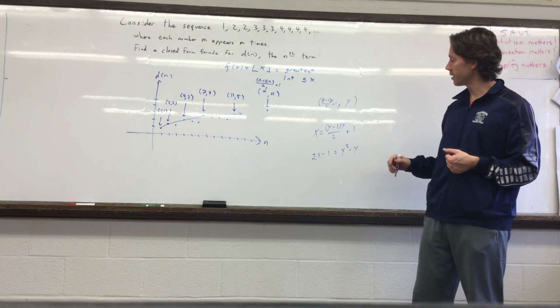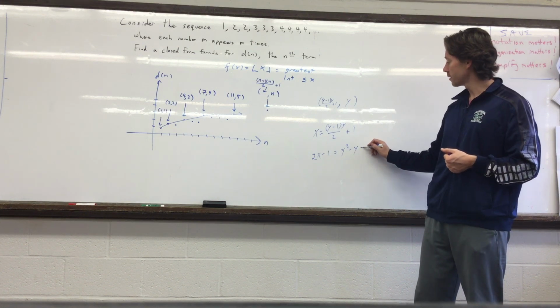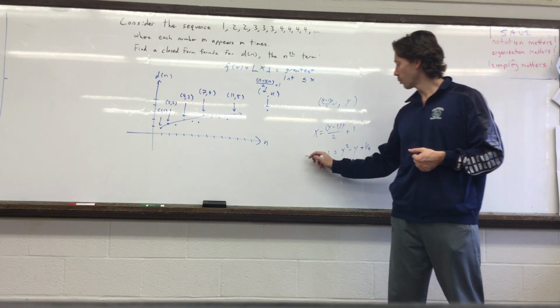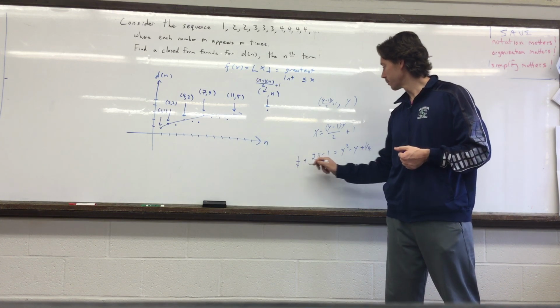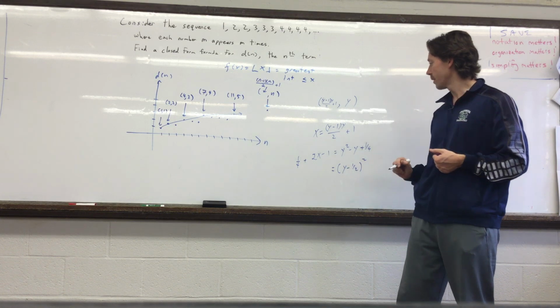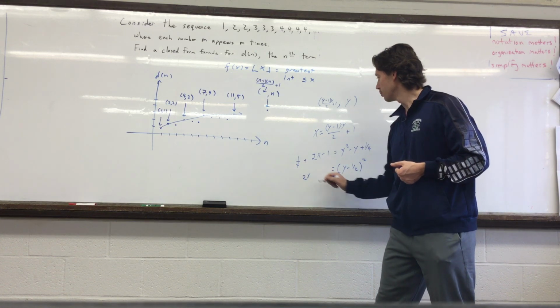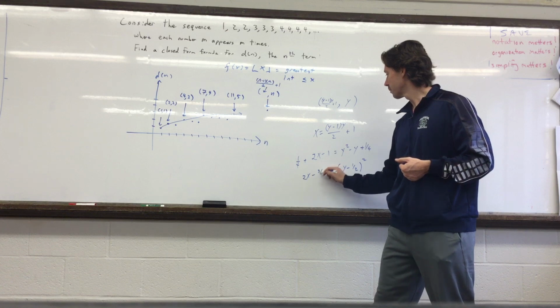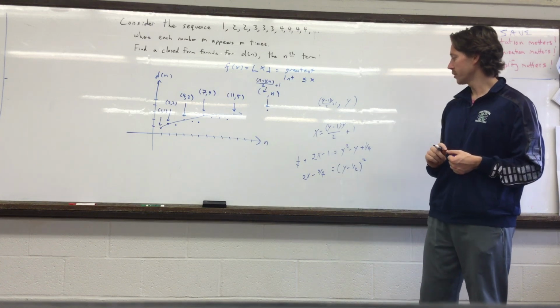Looks like completing the square is going to be the easiest way to do this. So I should add 1/4 to both sides. And now I'm going to have y minus 1/2 squared equals 2x minus 3/4.